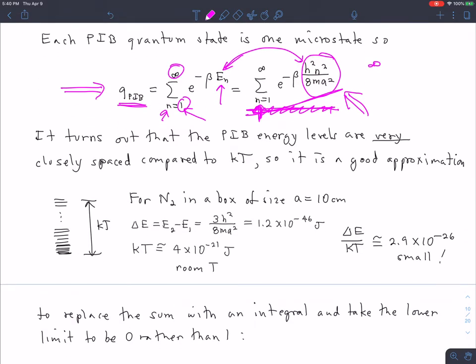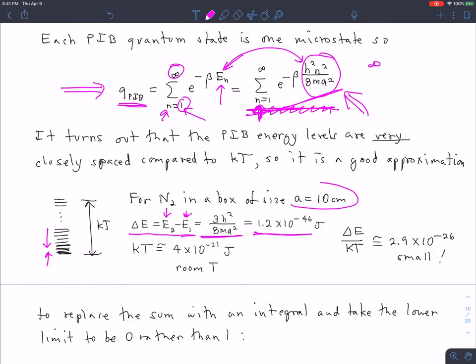We note that if you calculate the gaps between different particle in a box quantum energies, the energy gaps, say, between level 0, or energy 0, and energy 2, you can do the calculation. It's just the difference between the two energies.